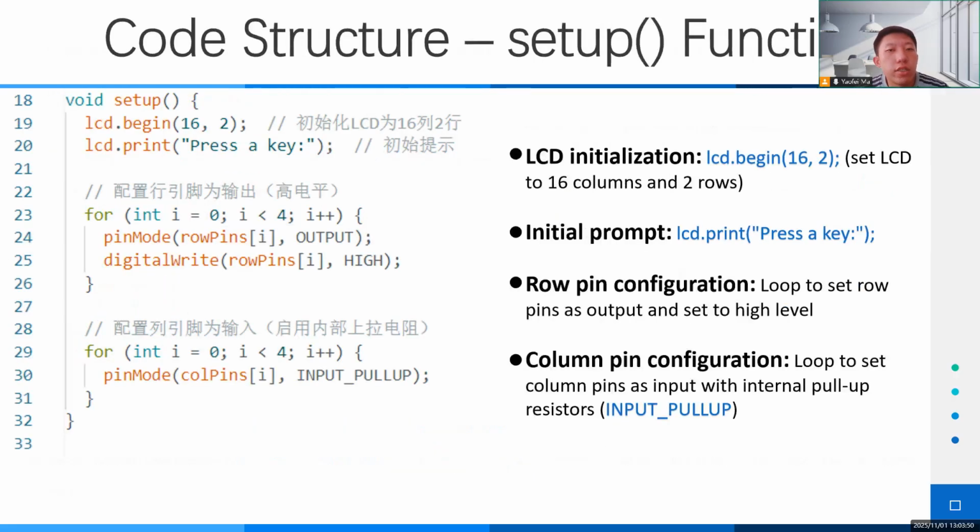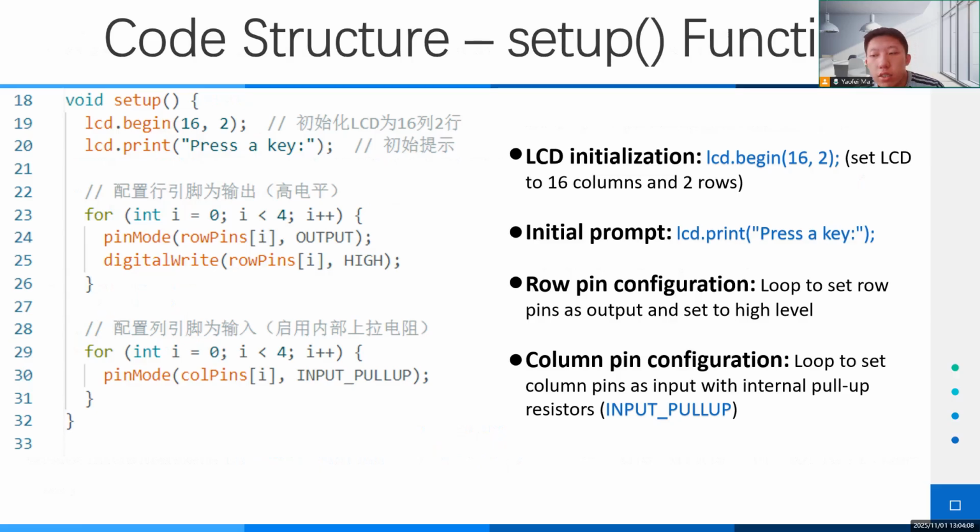The next part is the setup function. This function runs only once when the Arduino starts. First, we initialize the LCD to 16 columns and 2 rows with lcd.begin.